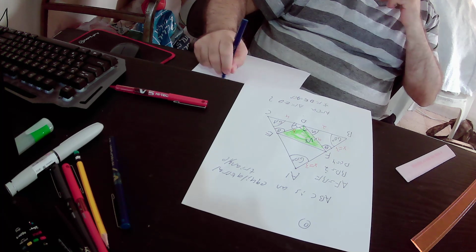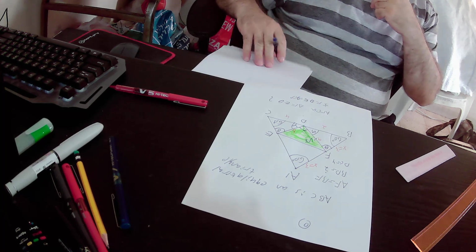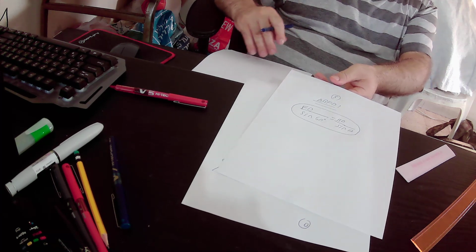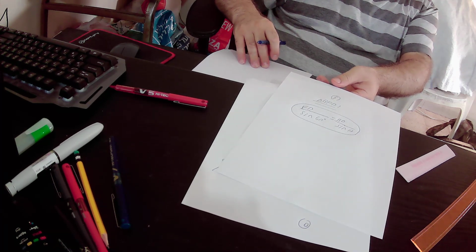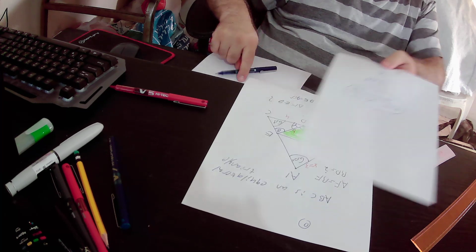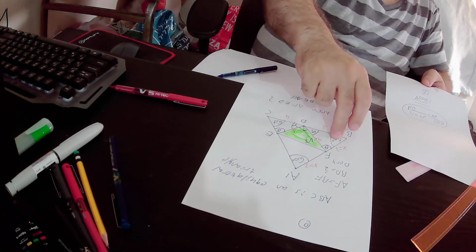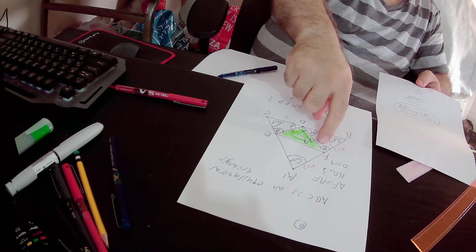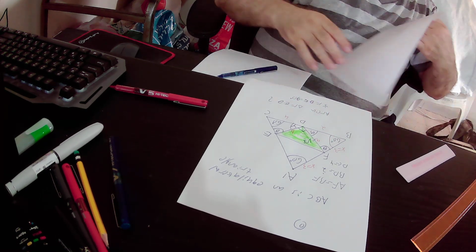Okay, so according to the law of sines in triangle BFD, FD over sine 60 degrees equals BD over sine theta.